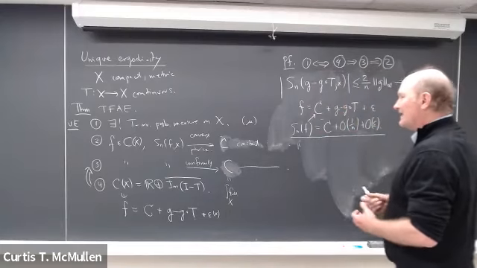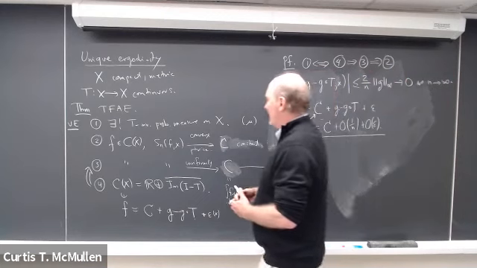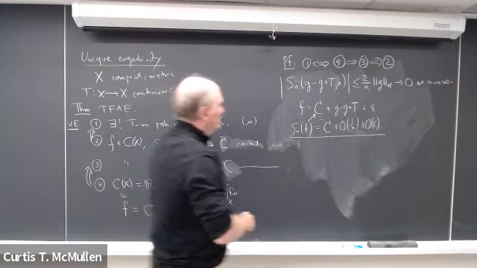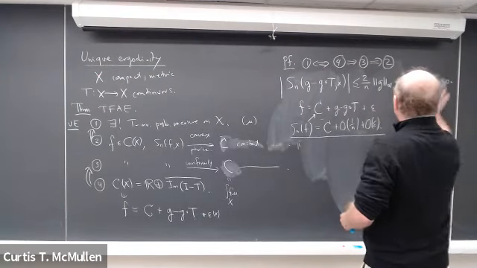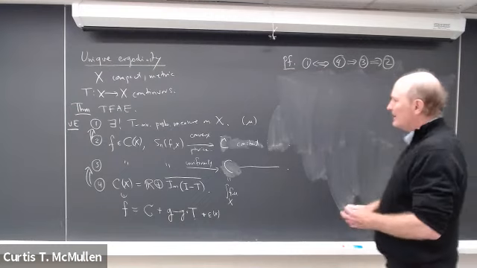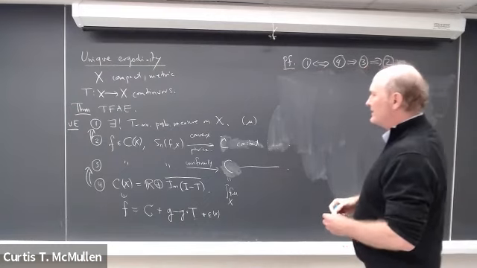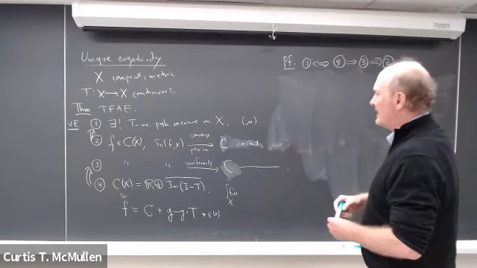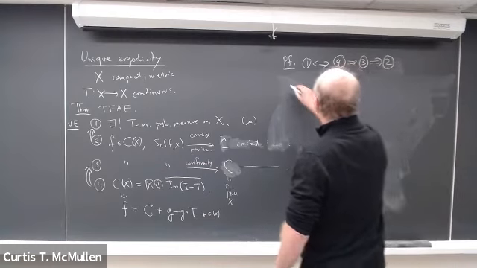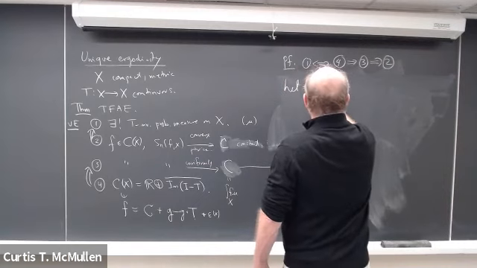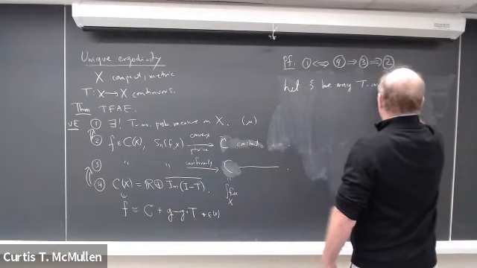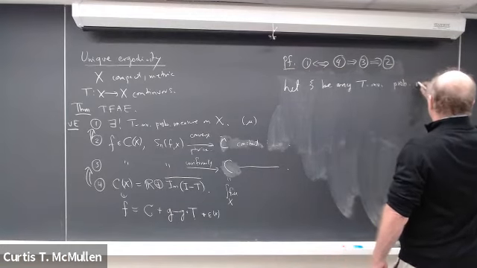And finally, why does 2 imply 1? One way to do that is the following. Let mu be any T-invariant probability measure.